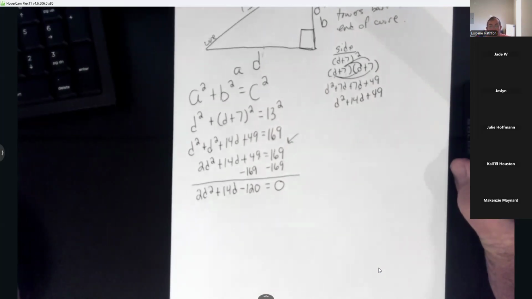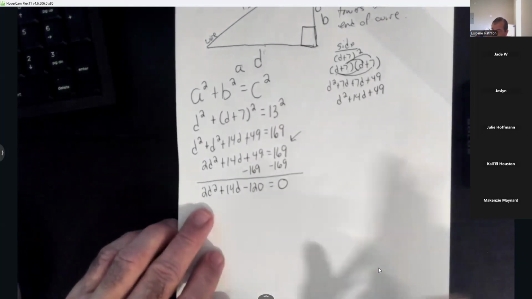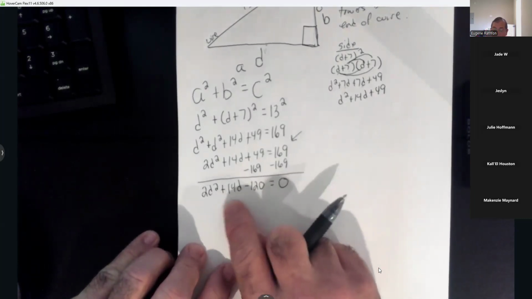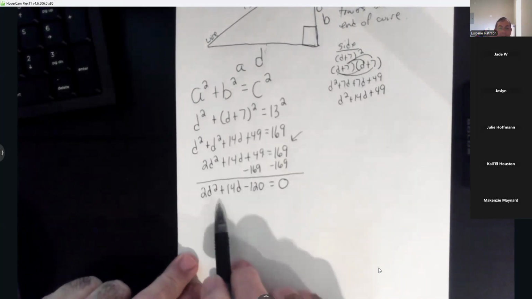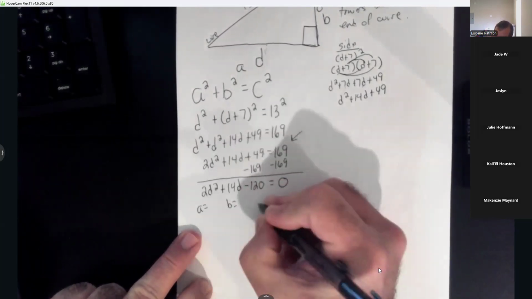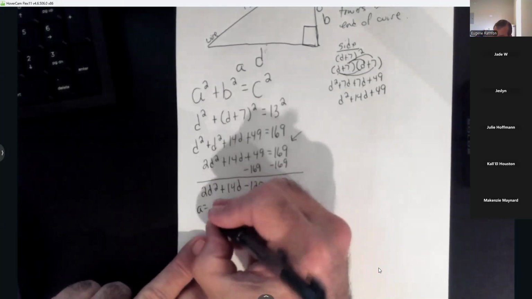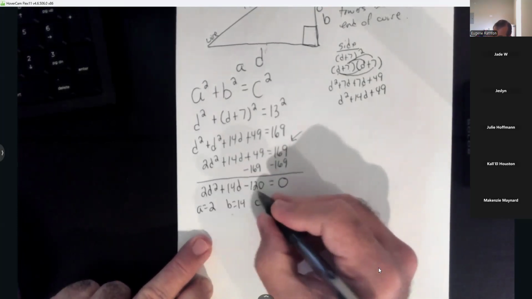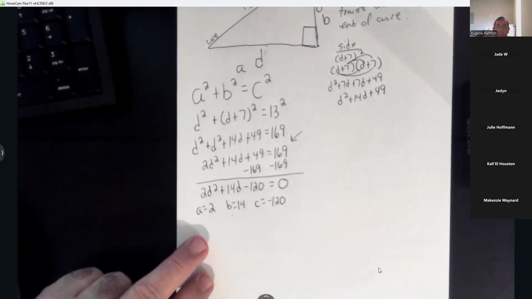Okay, so it looks like I sort of got something that looks like a quadratic formula now. Okay, so let's figure A equals, B equals, and C equals. A will be 2, B will be 14, and then C is a negative 120.